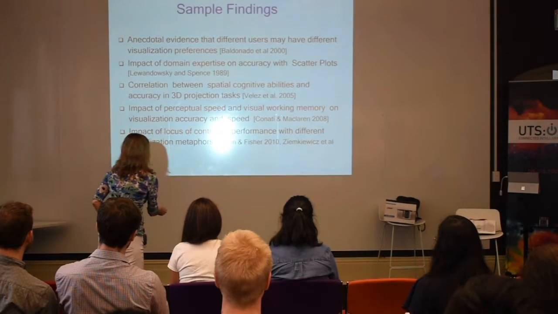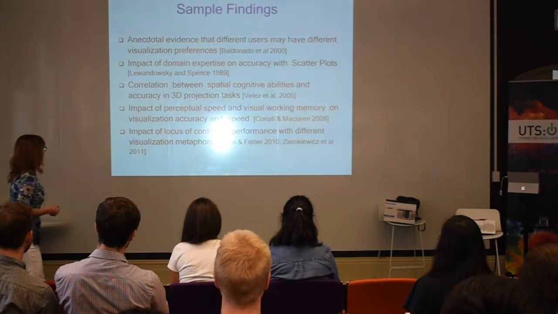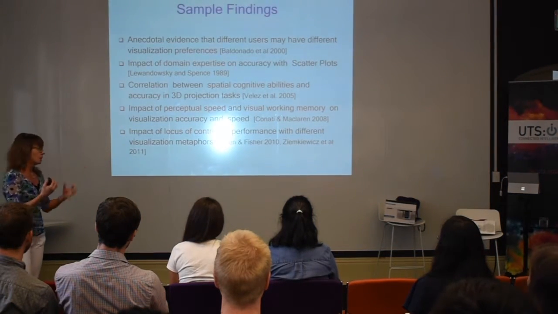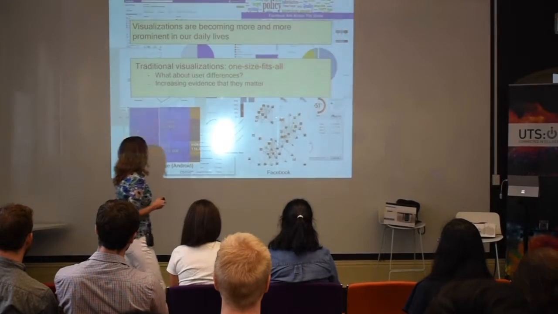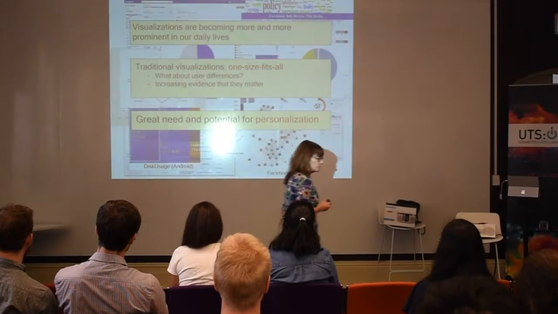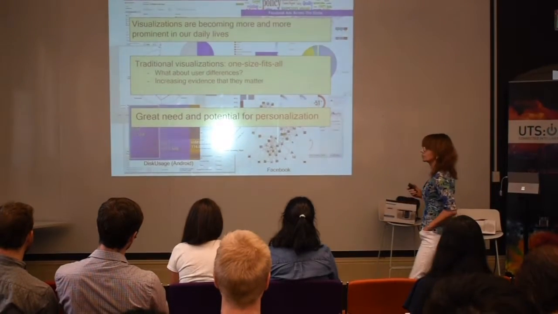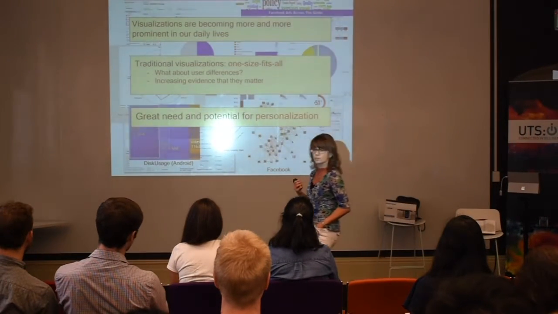And there have been studies showing that this personality trait affects how people work with specific types of visualizations. So, the point is, there is a great need and potential for personalization in this field.